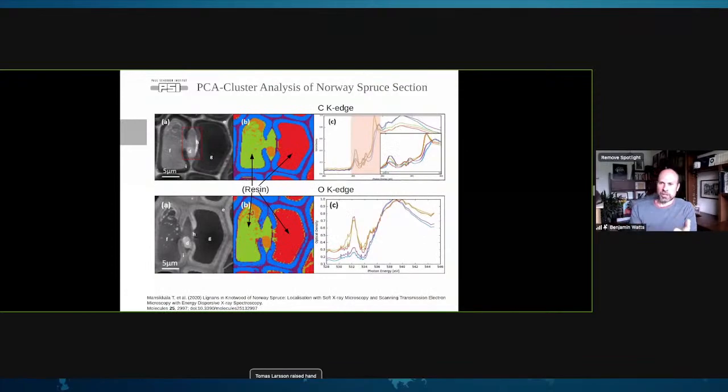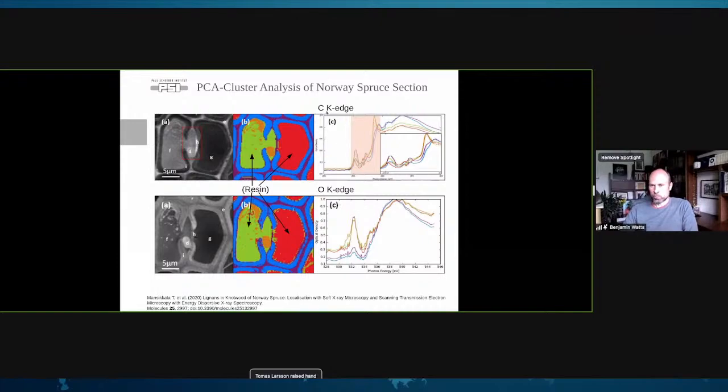So for a Norway spruce section, we have here, again, we see some cells. We can see there's resin filling the space, the void within the cells. And we can see that the lignin and cellulose-rich regions have been identified by the principal component analysis and cluster spectra.